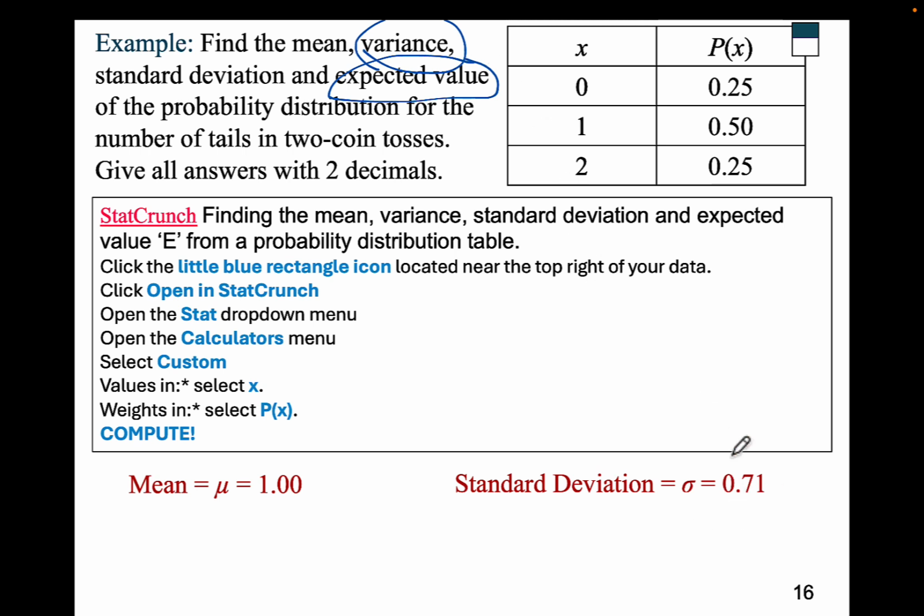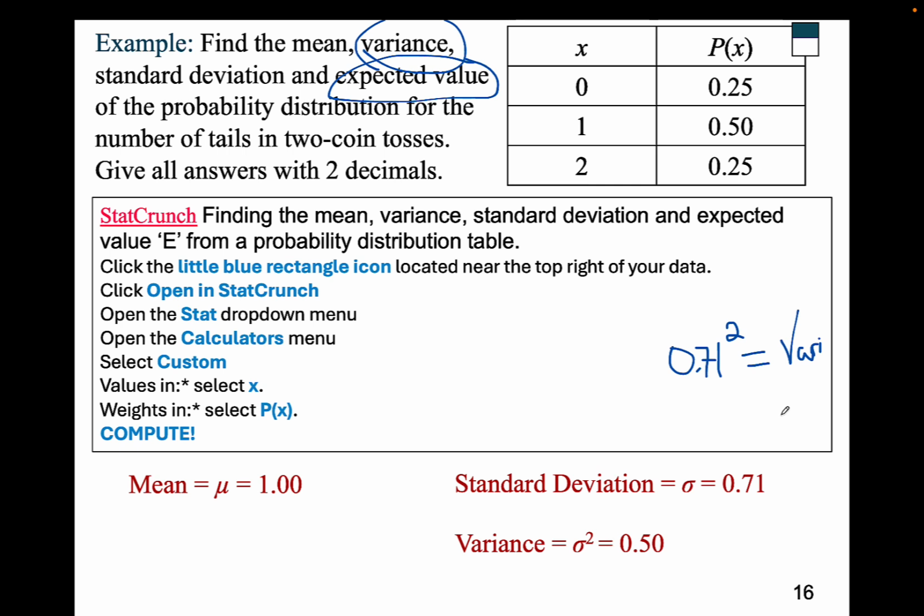Just take our calculator out. We know that the variance is sigma squared. You always take the standard deviation, you square it, and that will give you the variance. So go ahead and do that. And if you type that in correctly, you should get 0.50 for the variance.